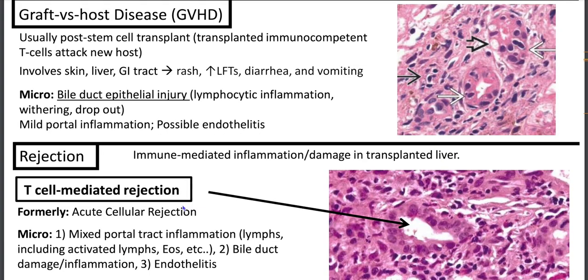Graft versus host disease. It's usually post-stem cell transplant, where the transplanted immunocompetent T cells attack the new host, saying this tissue is foreign, these cells are foreign, we have to attack, they're invaders. So it involves the skin, liver, and GI tract, and that can lead to rash, elevated LFTs, diarrhea, and vomiting.